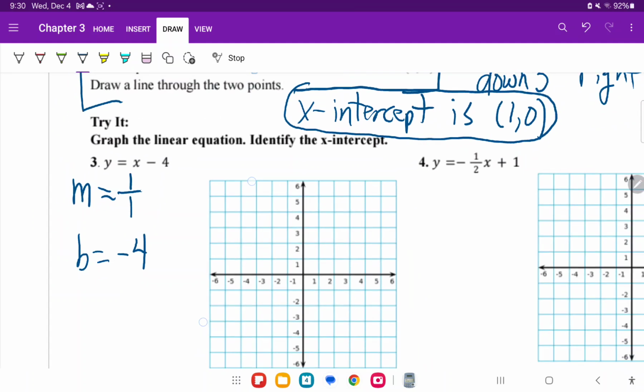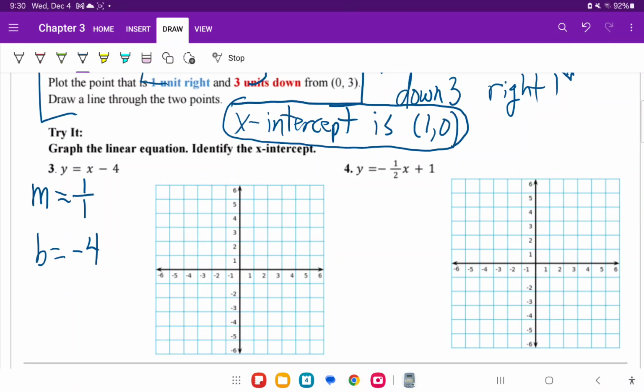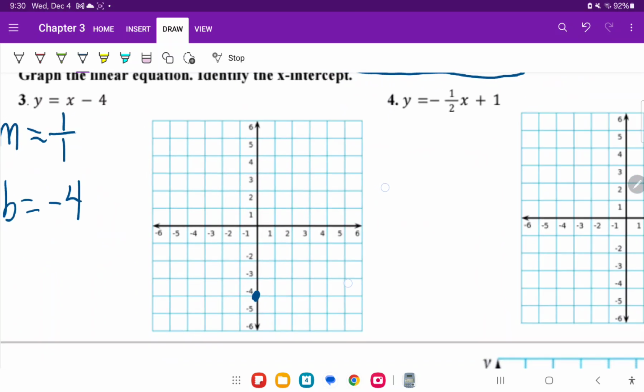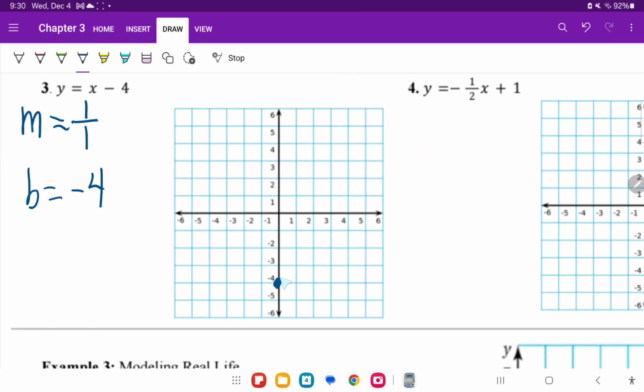So, now, to graph this, number 1, start with the intercept. So we're going to go -4, 1, 2, 3, 4. So there's our first point, right down there.